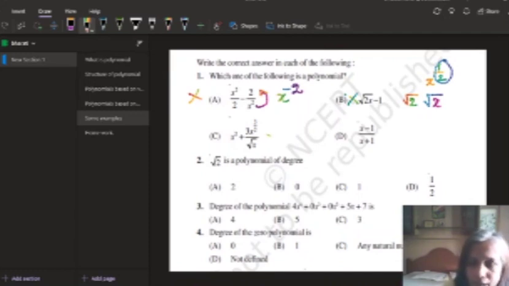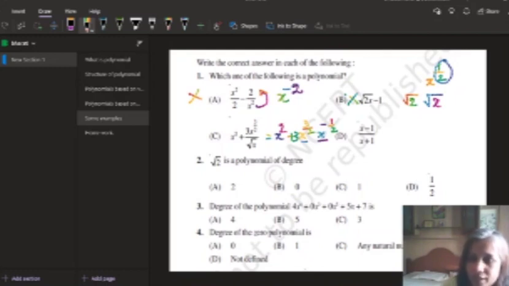Next we will move to x to the power of 2. I'll keep it as it is, x to the power of 2, and this 3x to the power of 3 by 2. What I'll do is, I'll transpose this root x to numerator. That will become x to the power of minus half. Now, as the bases are same, I'll add 3 by 2 with negative half.